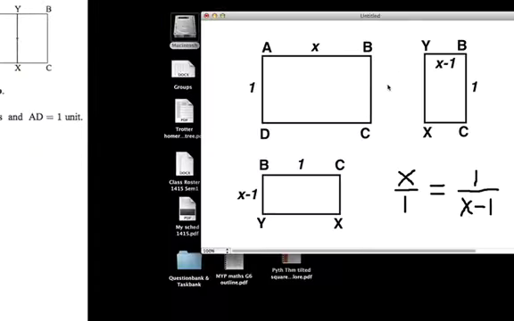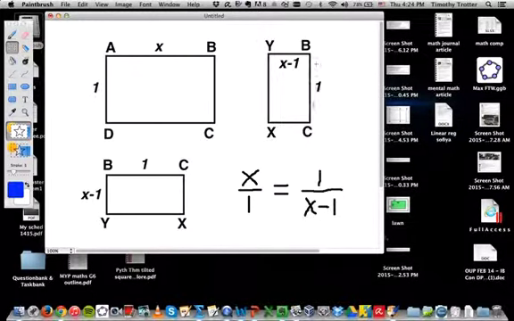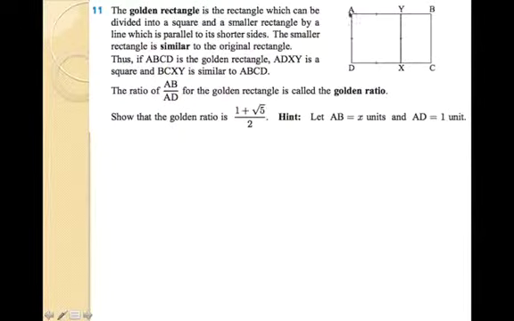Now let's look at this smaller rectangle. The challenge is to find the dimensions of this smaller rectangle. Well, we should realize that this side is 1 because it's just the opposite side of AD. So BC, it's a rectangle, so it's going to have the same length. This side is a little bit more difficult to see. If from A to B is x, all the way across is x, how far is it from A to y?